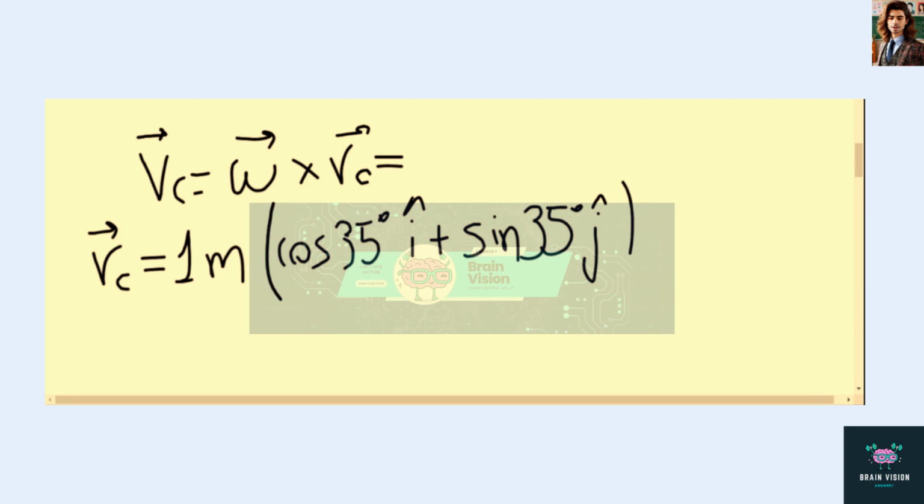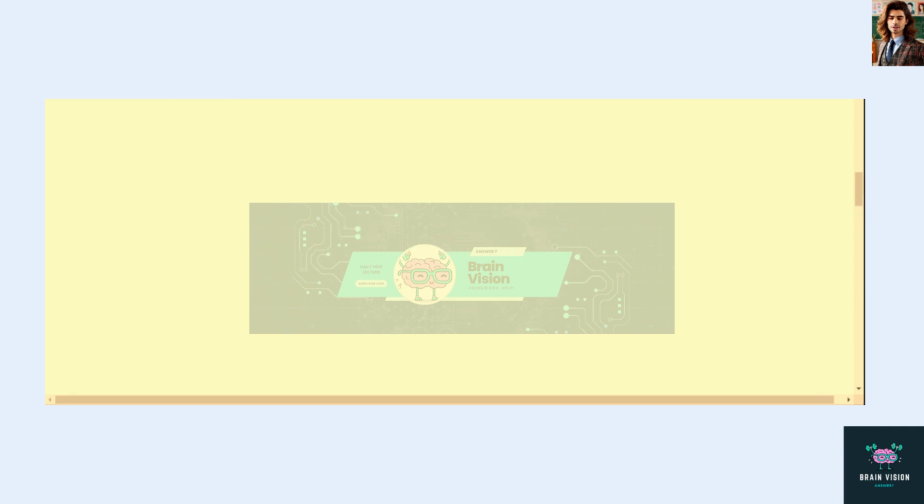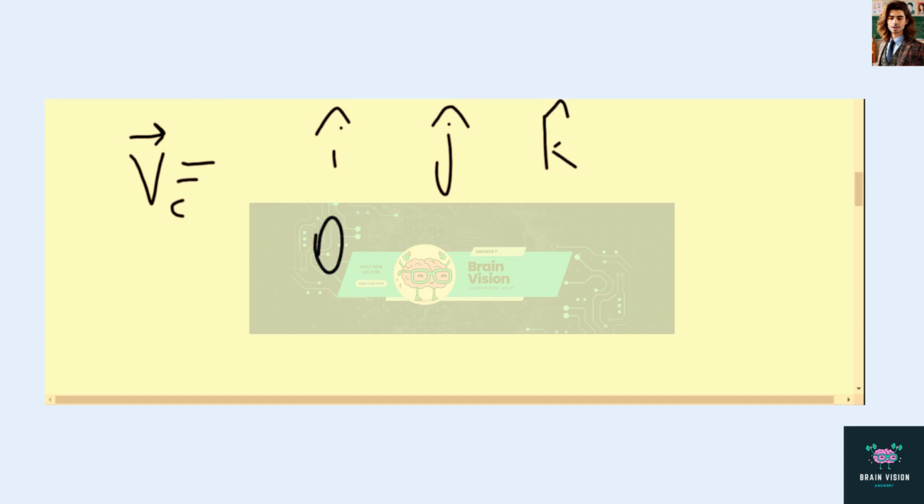Okay, let's write it immediately in a determinant. 0.25 is the angular velocity, and this is the position.